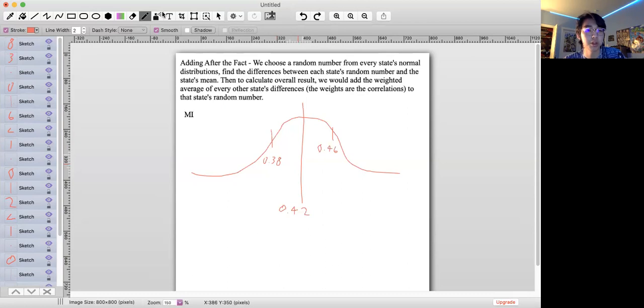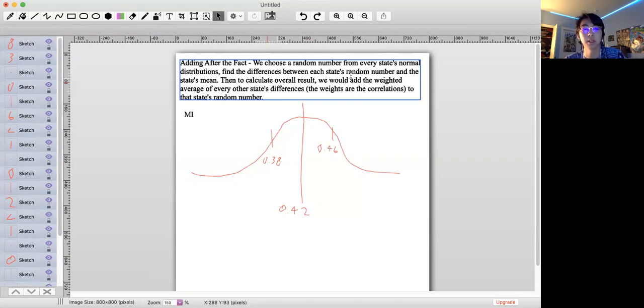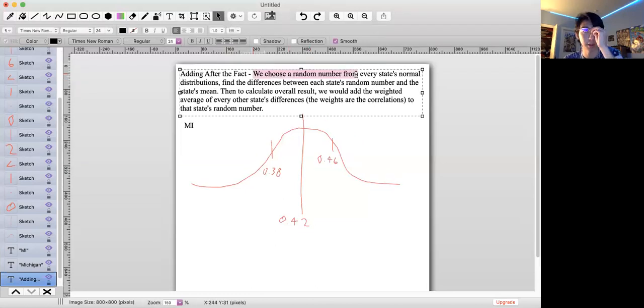And then what we're going to do is we choose a random number based on this normal distribution. And that means that for all the random numbers that we take, the frequency of which numbers appear is based on this normal distribution.